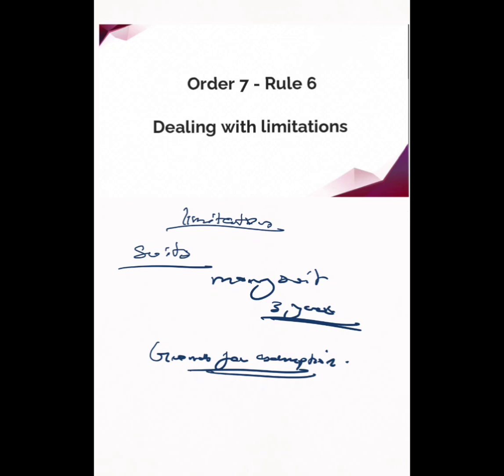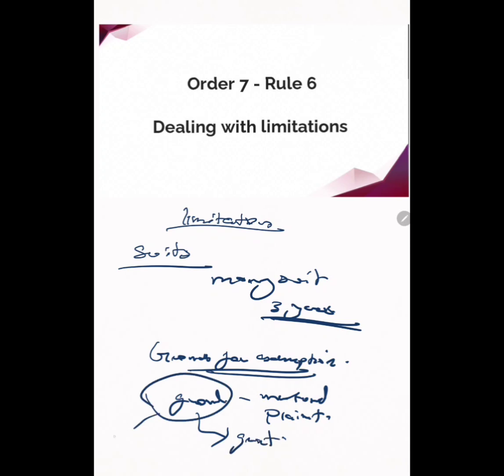If a particular ground is not set out in the plaint, even then the court shall permit the plaintiff to claim exemption from the law of limitation if that ground is not inconsistent with the grounds set out in the plaint.